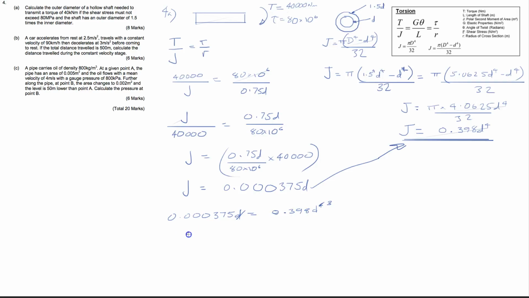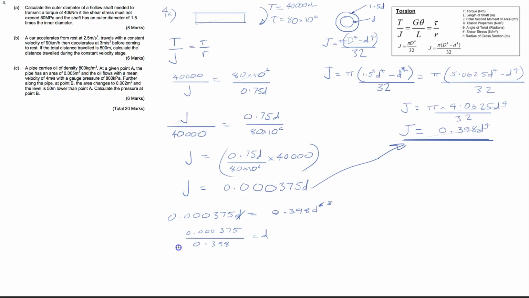So that's going to give me 0.00375 over 0.398 equals d cubed.